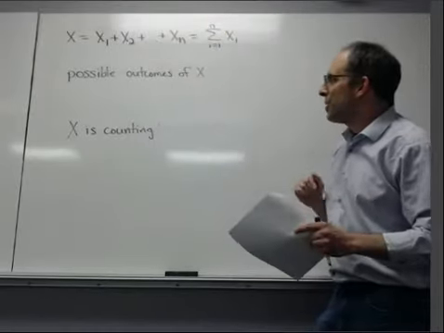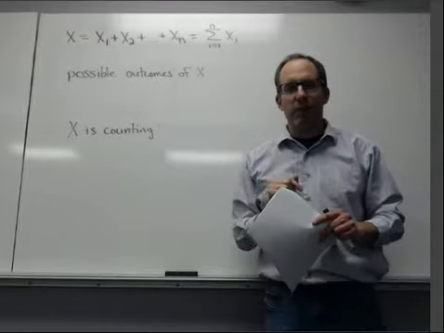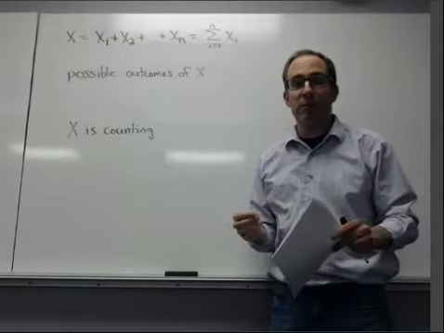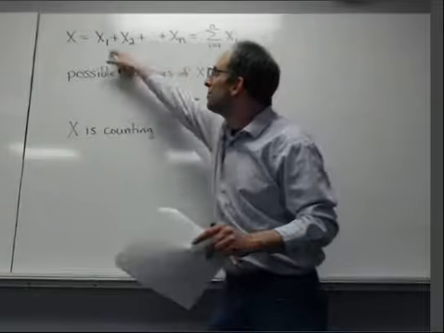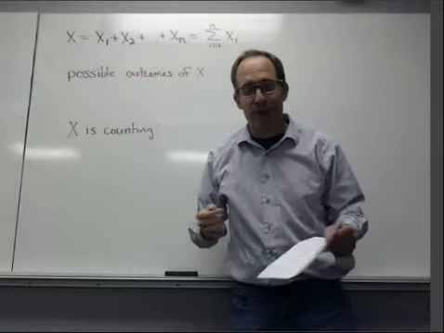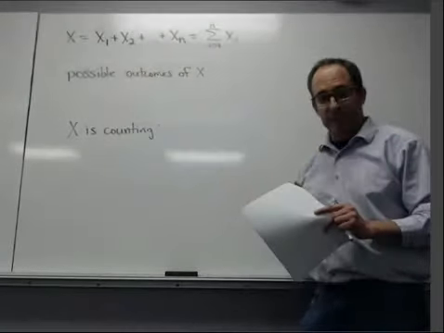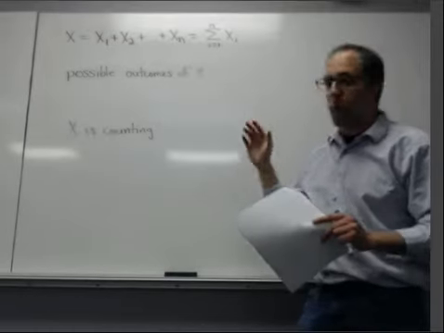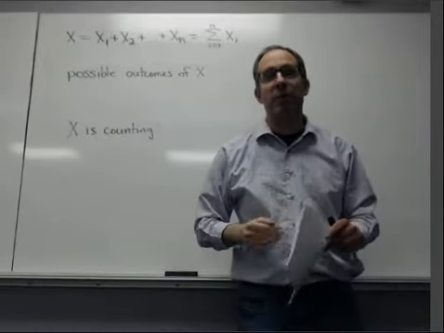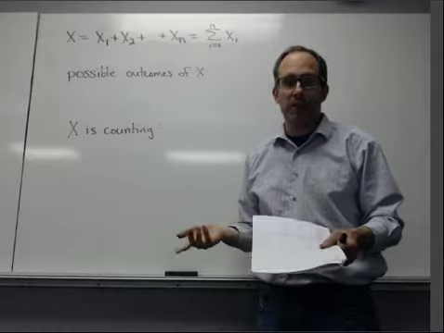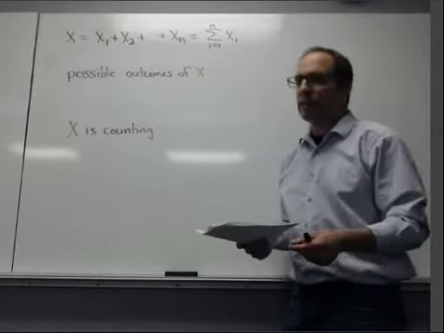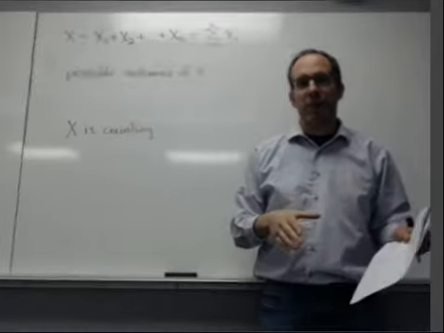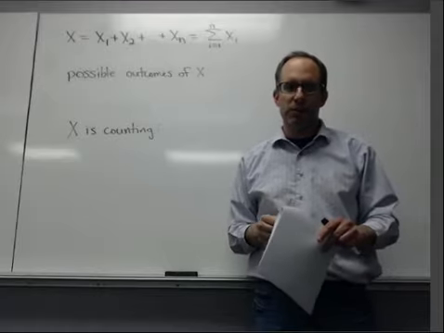So if you think about it that way, the smallest possible value of x would be 0, because if they're all failures, you get 0 plus 0 plus 0 plus 0 plus 0, right? But then, what if they're all successes? Well, then they're all 1s. You have 1 plus 1 plus 1 plus 1. You have n 1s added together, but that's just n times 1, which is n. So 0 is possible, n is possible, and any integer in between is possible.